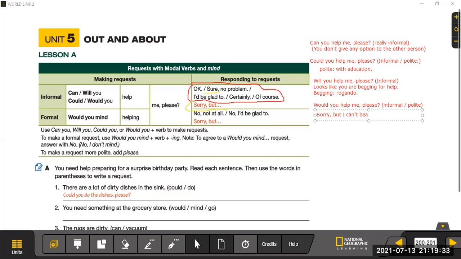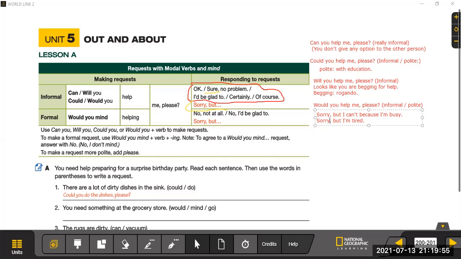Because, let's say, I'm busy. Okay, sorry, but I'm tired. Okay, you can say that. But always, when you are going to say no, you have to start with sorry.